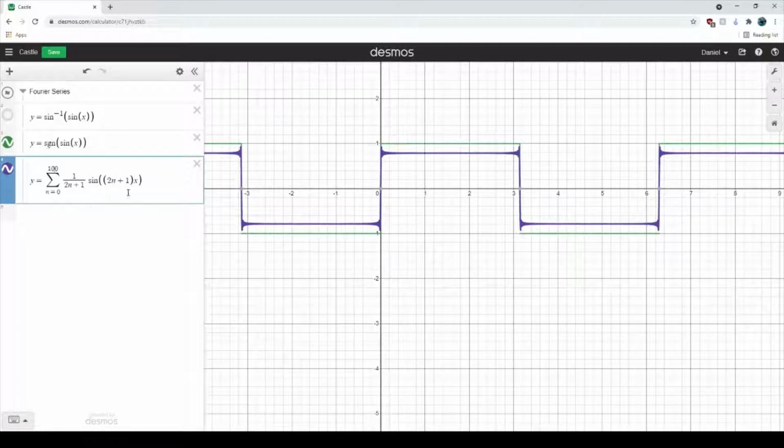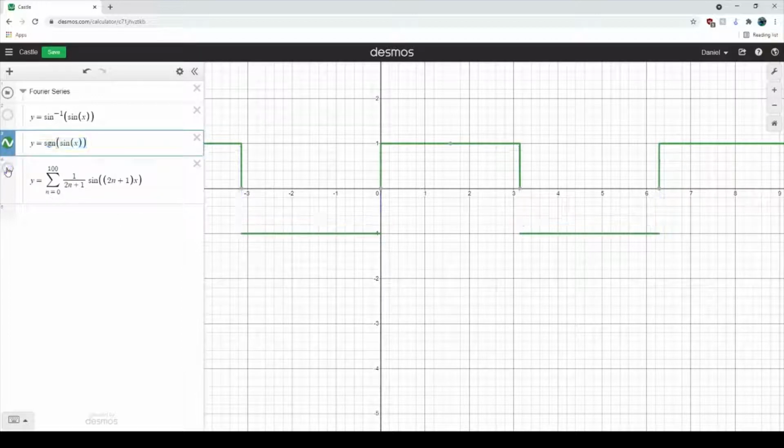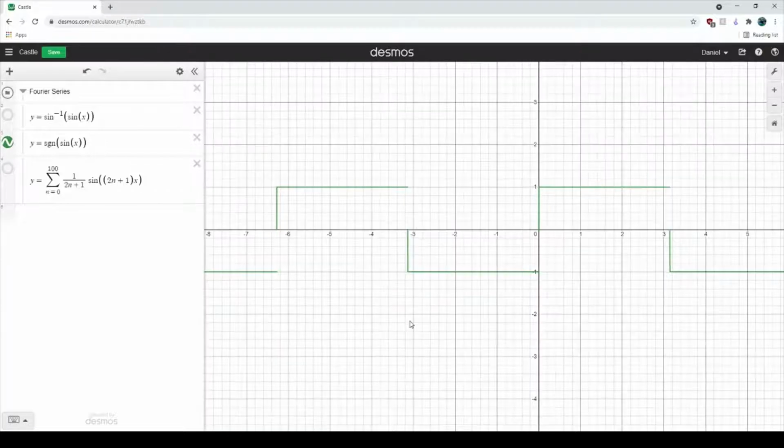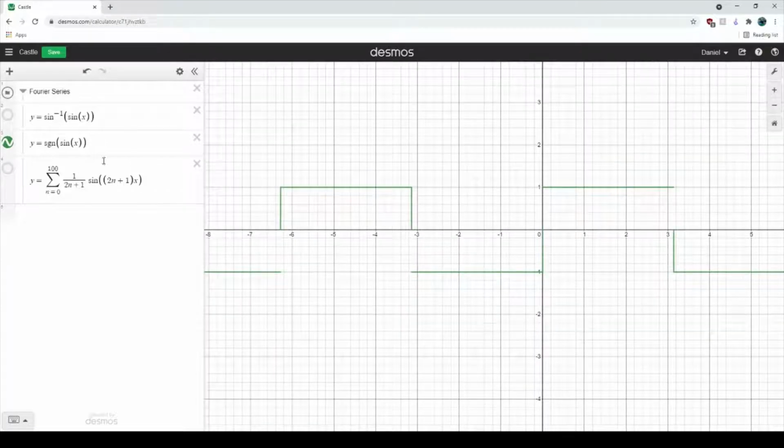Now they're not exact, not one-to-one, because I did not derive this equation from this one here. This is another way of approximating this function. The reason we're doing that is that you may have noticed on my screen that these vertical lines are glitchy over here.